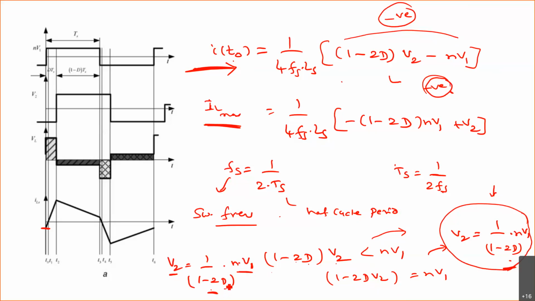What is the maximum value of D? It is 0.5. If you substitute the maximum value of D, what will happen? Theoretically, you can obtain infinite voltage across the secondary or across the load. So this equation looks like an isolated version of the non-isolated boost converter equation.